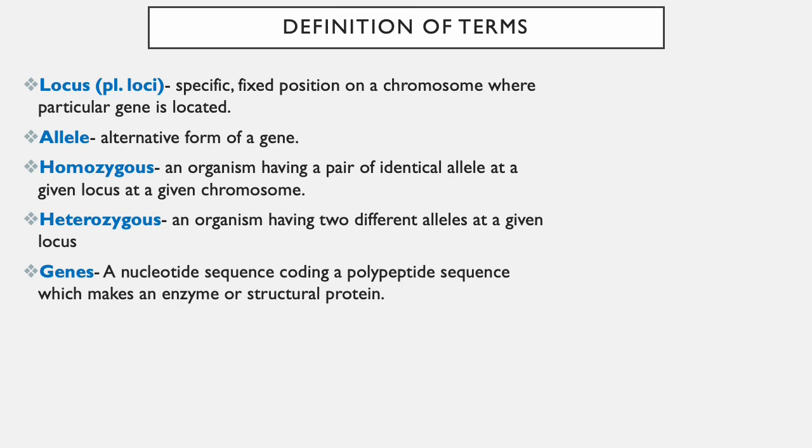These are specific fixed positions on a chromosome where a particular gene is located. An allele is an alternative form of a gene. Homozygous refers to an organism having a pair of identical alleles at a given locus on a given chromosome. When we say heterozygous, it means that an organism has two different alleles at a given locus.